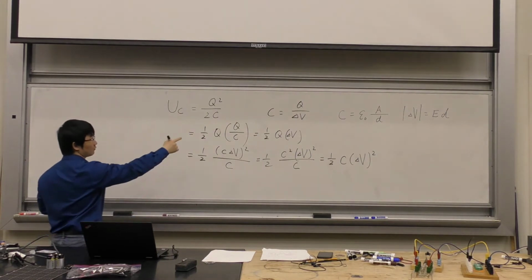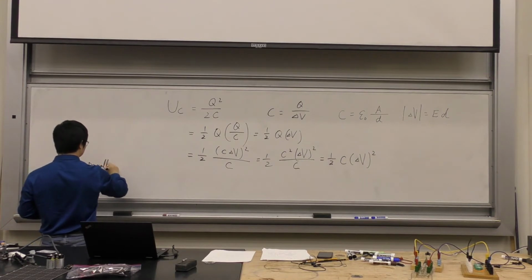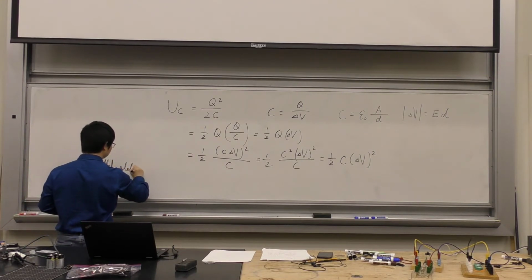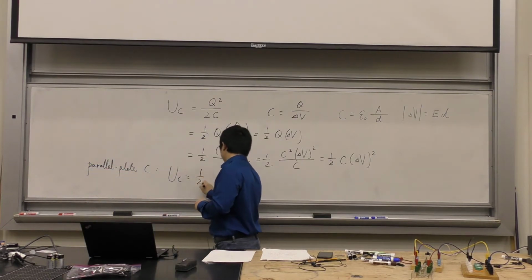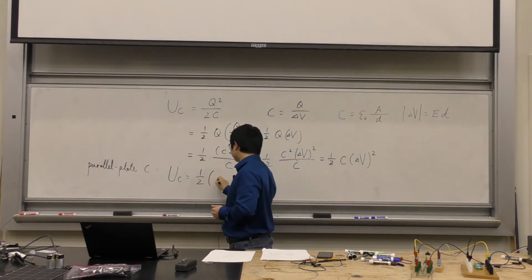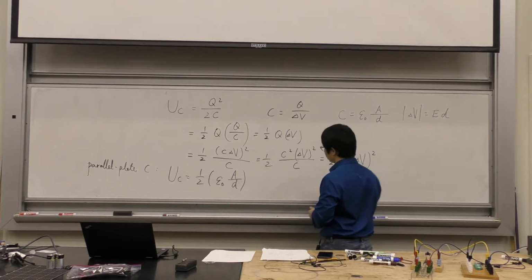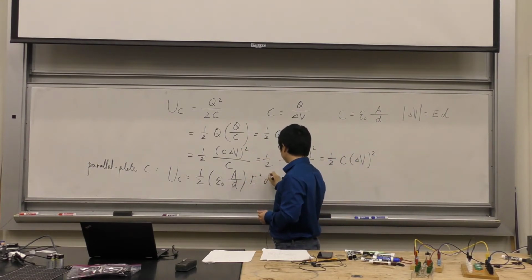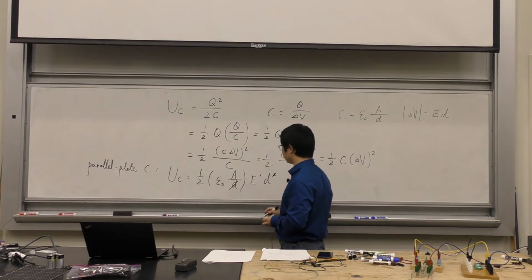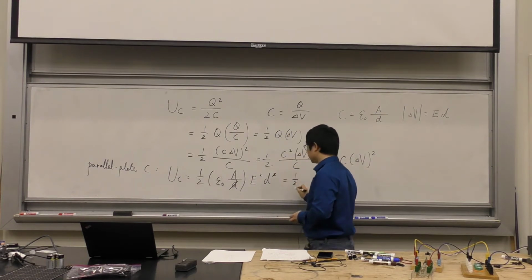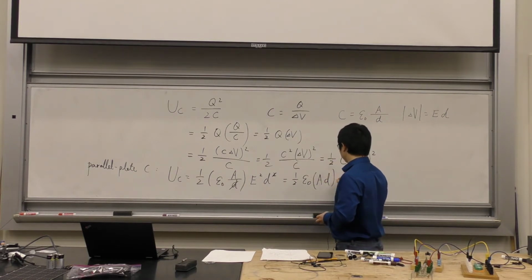That's a little easier because we have an expression for C and an expression for V. For a parallel plate capacitor, you would have U_C equals 1/2, put the expression of C in, and then square V, which gives E squared D squared. Then I cancel one power of D. So what do I get at the end? I get 1/2 epsilon naught A times D and then E squared.